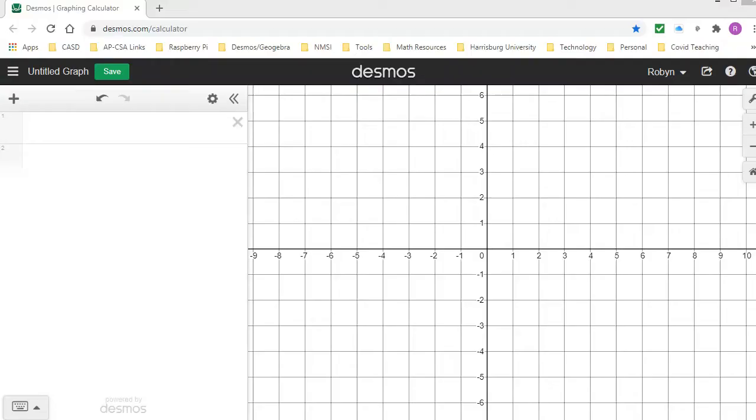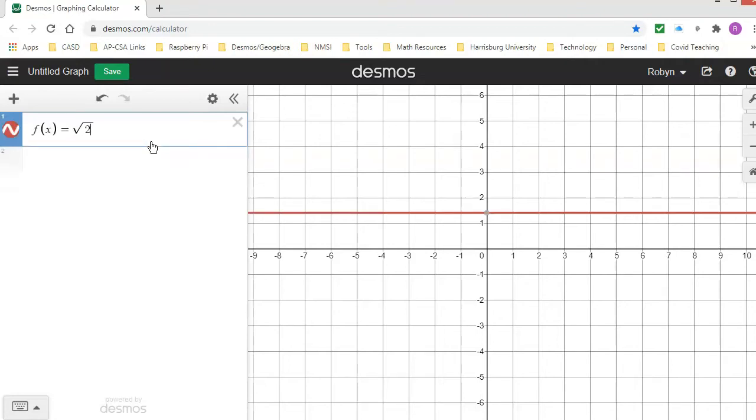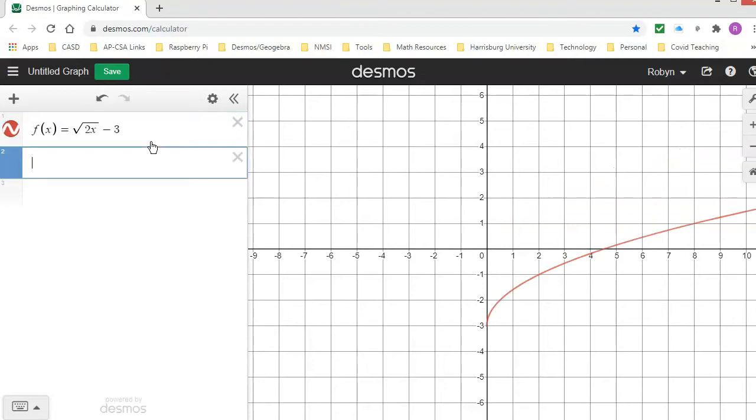Okay, so here we are in Desmos, and we're going to go ahead and take a look at our original function. F of x is equal to the square root of the quantity 2x and then minus 3. And there's our graph of that square root function.